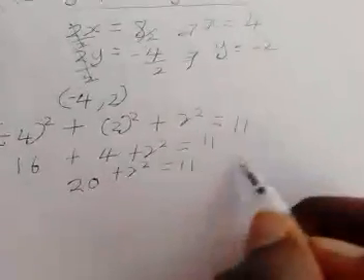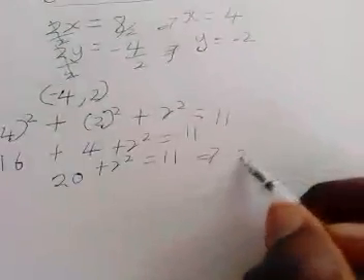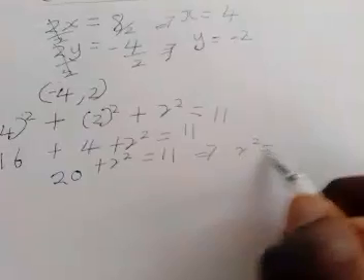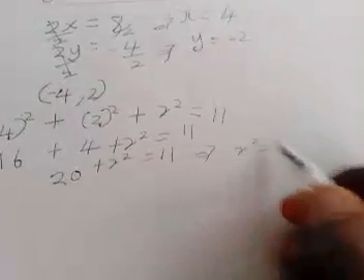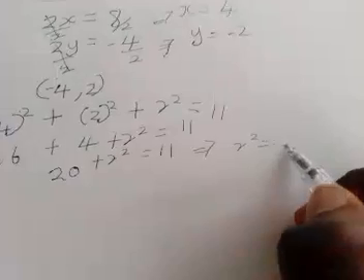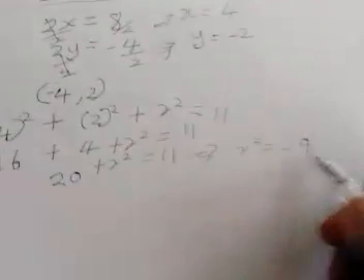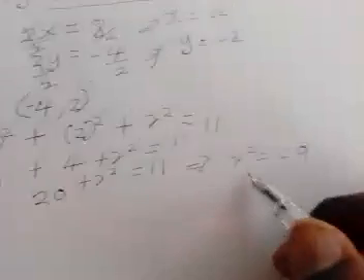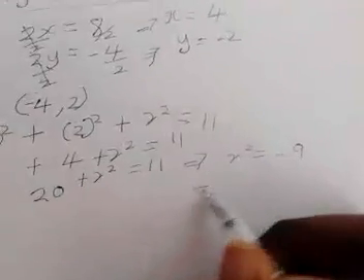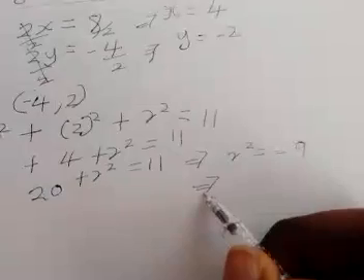For me to make r squared the subject, I have to subtract 20 from both sides, which is 11 minus 20, which is minus 9. Now I want to say something very important. When we are dealing with radius, we don't mind if it's negative.